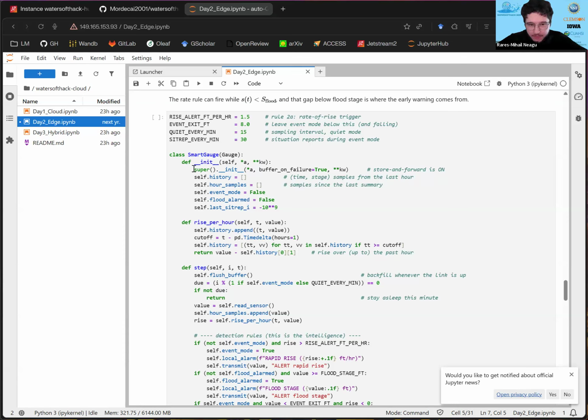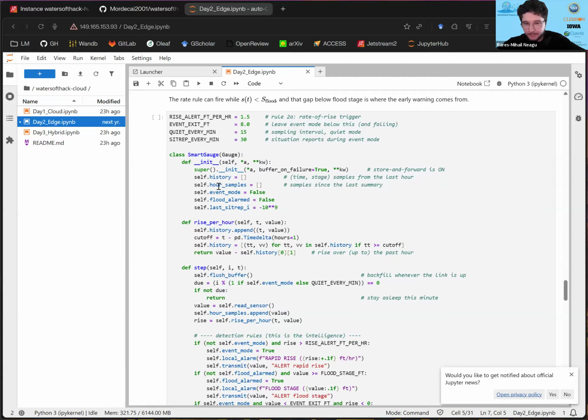So super().__init__ calls the constructor of the Gauge class. Then for this SmartGauge, we need much more information than we were storing in the parent class, right?